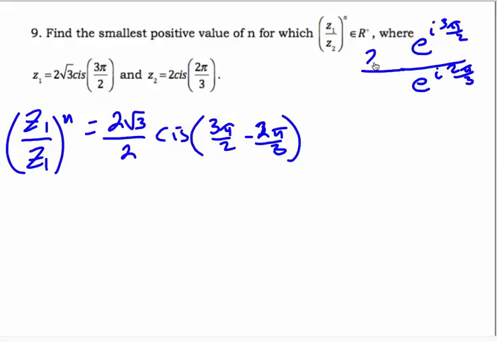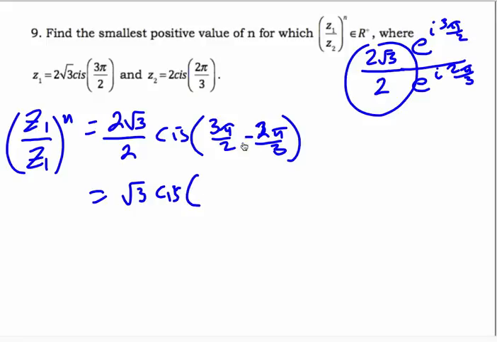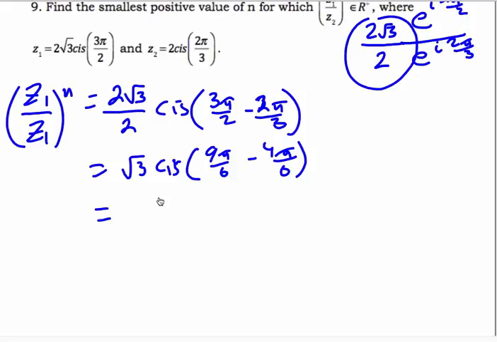Okay, but the 2 root 3 divided by 2, that's going to be division here in our equation. So 2 root 3 over 2 gives you root 3. And this is going to be cis. Let's get a common denominator of 6. So this is going to be 9 pi over 6 minus 4 pi over 6, which is root 3 times cosine.